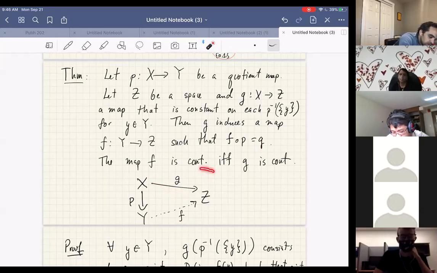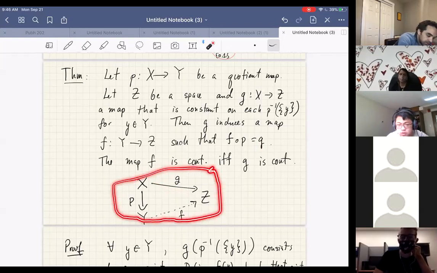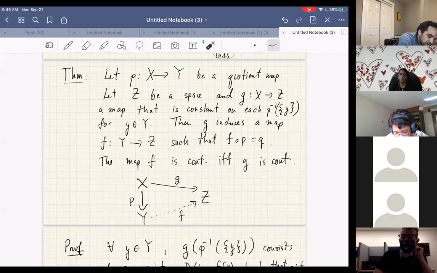So this here is called a diagram. It's just a way of picturing spaces and maps between them. And this condition, the fact that G equals the composition of P and F, we also say, if this holds, that this diagram commutes.